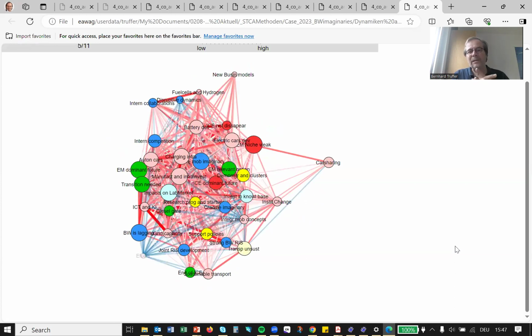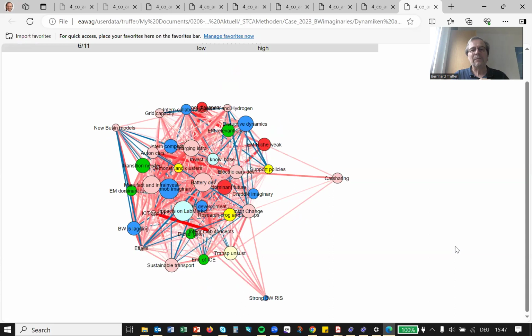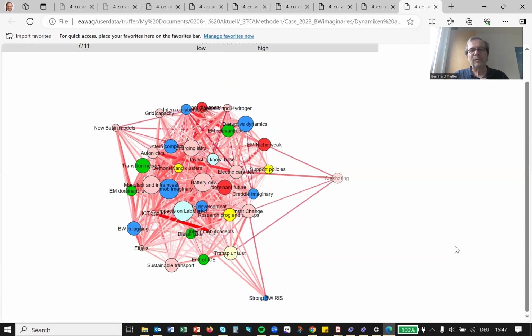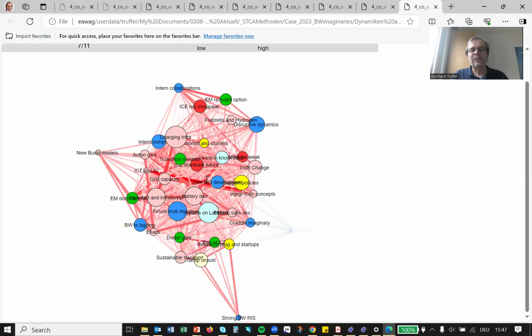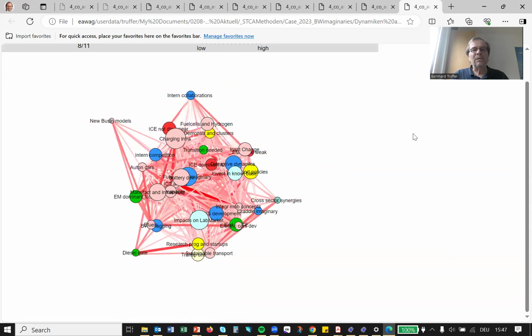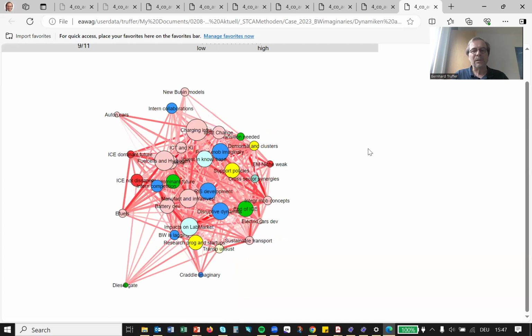But that can be an interesting complement to the time slices that I showed you before, the moving time windows, where you can see how the elements moved around. In particular, you see that the ICE dominant future remains in the realm of the center for a very long time, and only towards the very end does it start to move out to the periphery of the coverage.